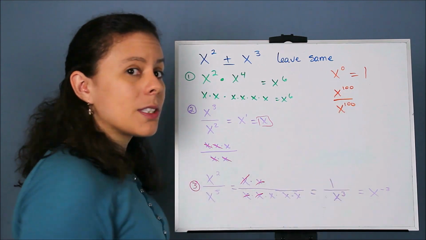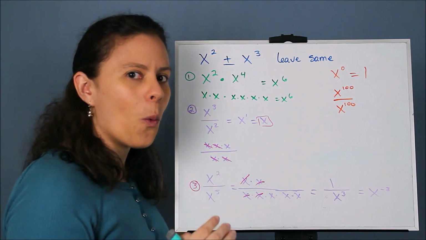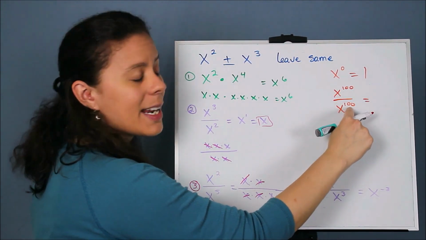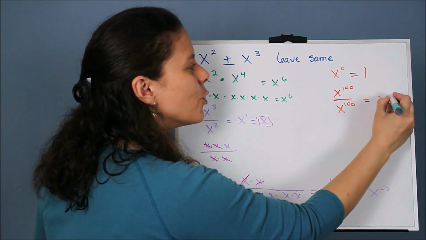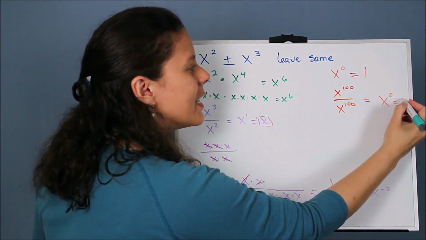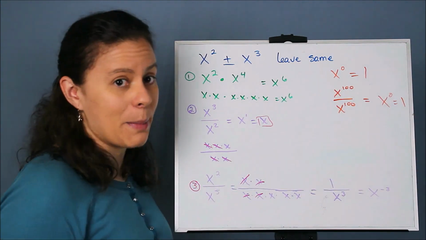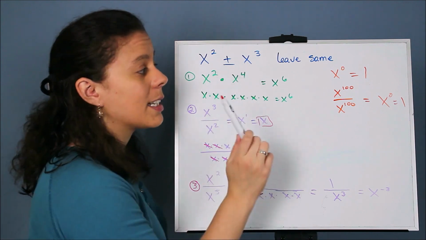It's going to be the same number top and bottom, right? So we know that a number divided by itself is always 1. And 100 minus 100 is 0. So x to the 0 power is 1. And you can try that with literally any number or any variable. It doesn't really matter. As long as, again, same thing goes for all of these, as long as the base is the same.